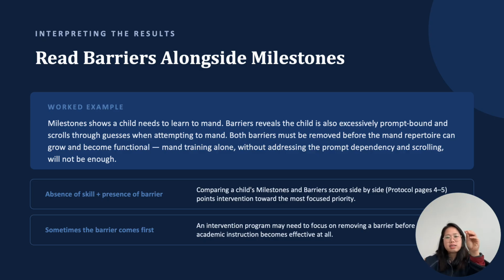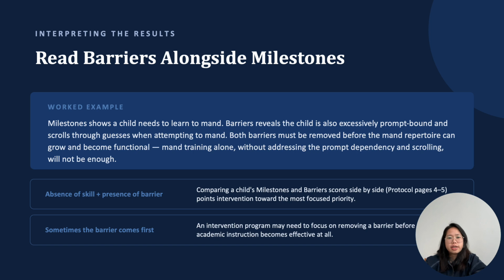But the barriers assessment might reveal that this same child is also excessively prompt bound and guessing through the responses when attempting to mand. So both of these barriers have to be removed for the mand repertoire to actually grow and become functional. Mand training on its own, without addressing the prompt dependency and guessing, will not be enough. You'd just be teaching more mands that are equally prompt bound and equally unreliable.